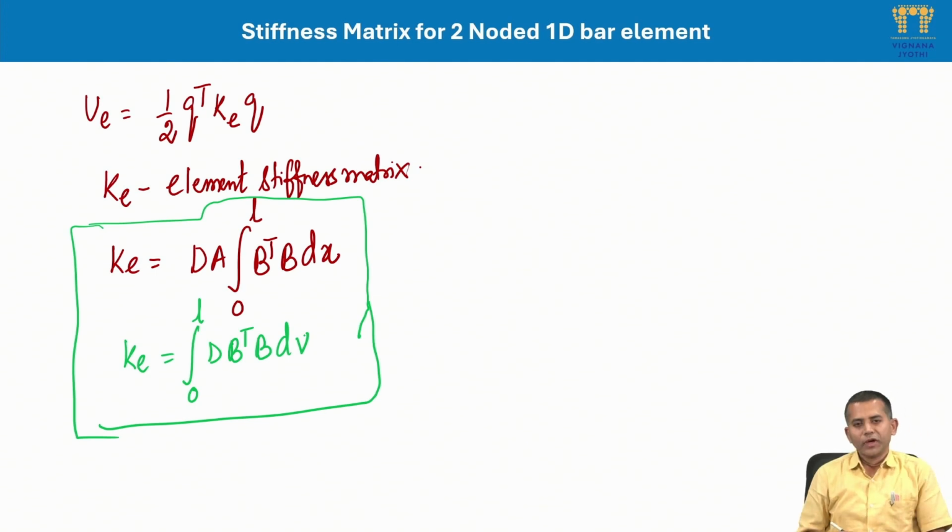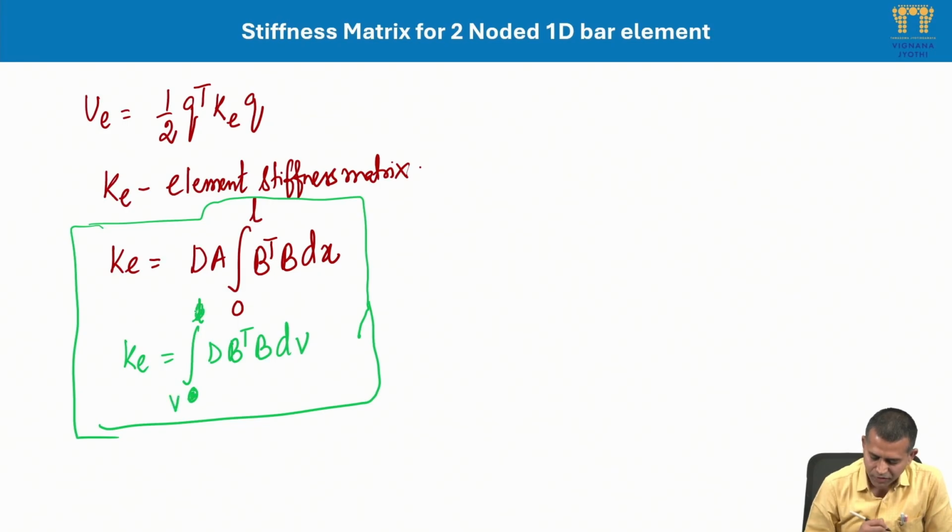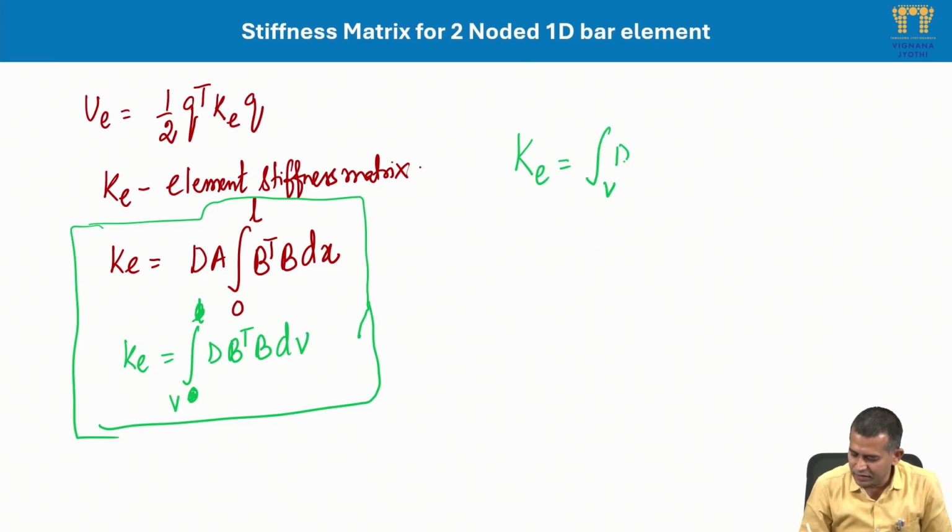So it is a standard stiffness matrix. Of course, when I am taking the volume here, it should be for a volume rather than this. So I'll rewrite the element stiffness matrix, that is equal to the volume integral of D into B transpose B into dV.